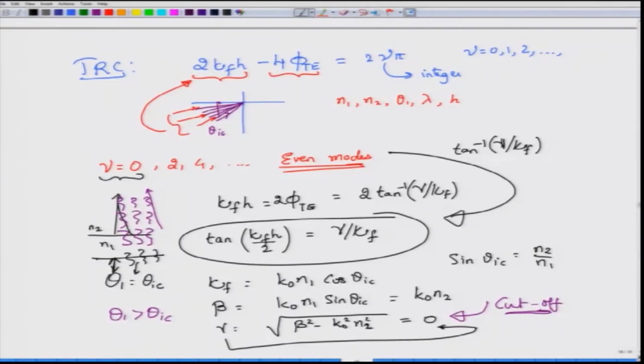So, gamma is 0, kappa f is k0 n1 cos theta IC. You can either extract cos theta IC from this equation, or you can go to the more defining relationship between kappa f and beta. This is given by square root of k0 square n1 square minus beta square.